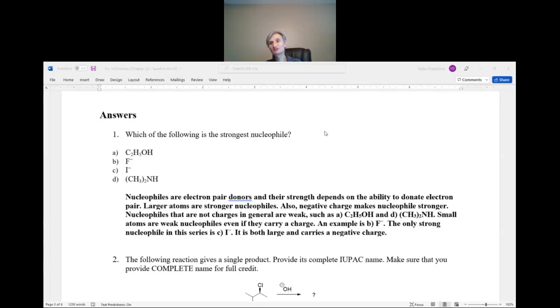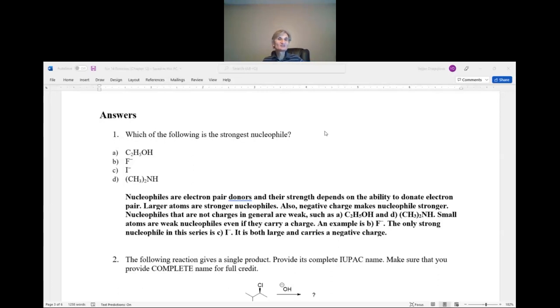There are actually more than these 4 factors, but that's all that you need to know. So: size of the atom as related to its position within a group, electronegativity, so that's within a period, charge, and, if present, steric hindrance.